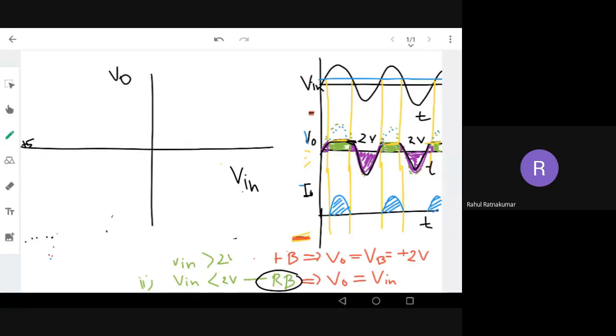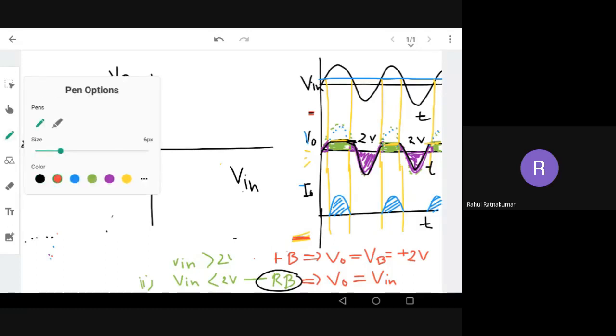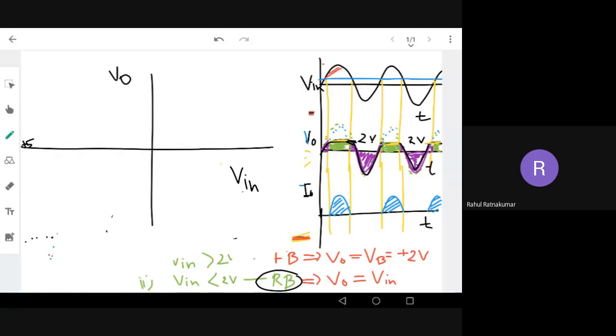Now as V in varies, we can say V out is increasing till a point. Which point? Till 2 volt. That means till V in is 2 volt, V out is increasing. After that, it is completely the same voltage, fixed at the same voltage. What is the voltage? 2 volt. Okay. So this is the graph.